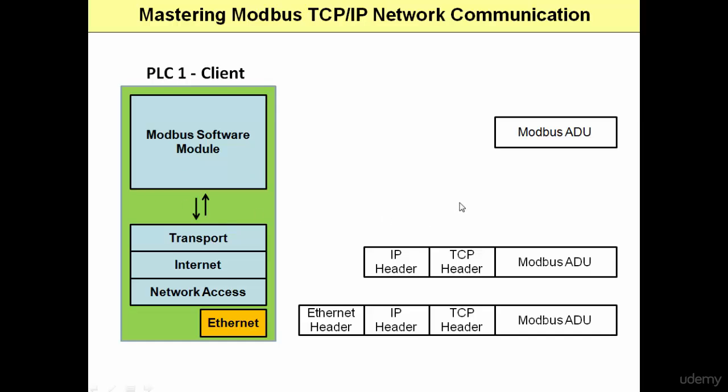So you can see that there's a lot of control information that is actually sent along with the data in the Modbus ADU. And that is what happens when a Modbus ADU is sent from the Modbus software module down into TCP/IP and into Ethernet. A lot of control information is added on to ensure that there's proper connectivity. Okay, good.